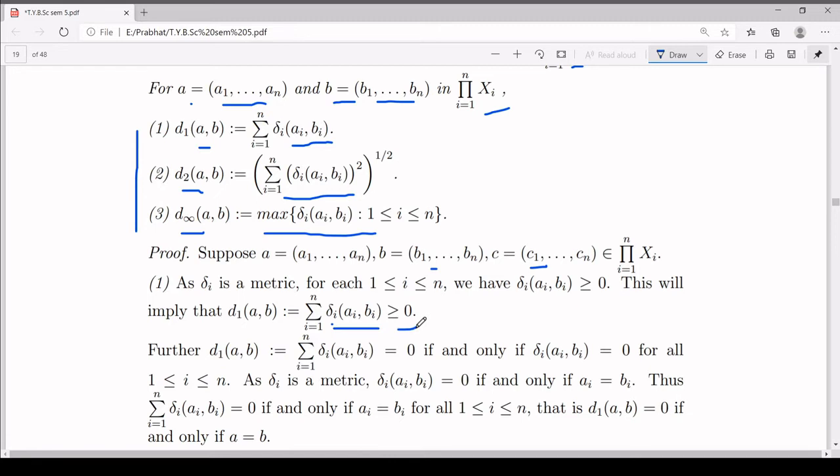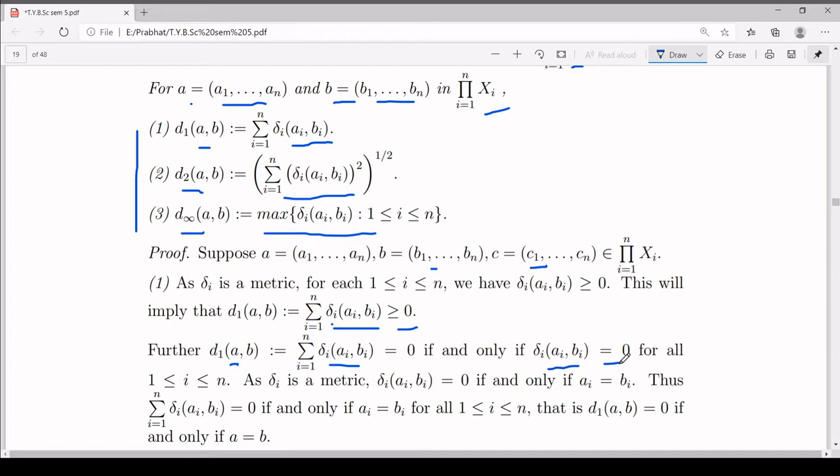Next, when will it be 0? D1 of AB will be 0 if summation of delta I AI BI is 0. But all terms delta I AI BI are non-negative, and a summation of non-negative terms is 0, which means delta I AI BI for every I should be equal to 0.